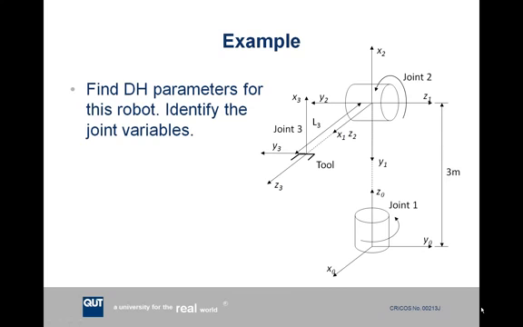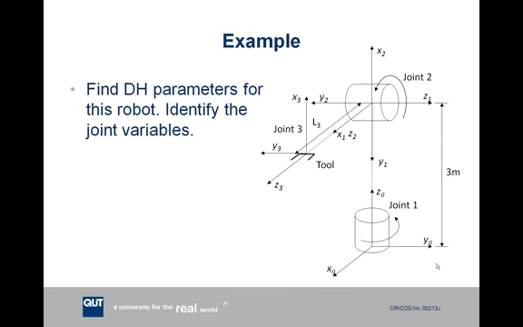For reference frame 2, we note that Z2 and Z1 once again share the same plane. They intersect. So the direction of x2 has to be perpendicular to both Z1 and Z2. So we have x2 pointing directly upwards, and then using the right-hand rule, we can work out that y2 has to be pointing to the left.